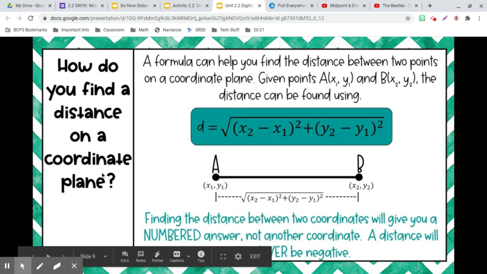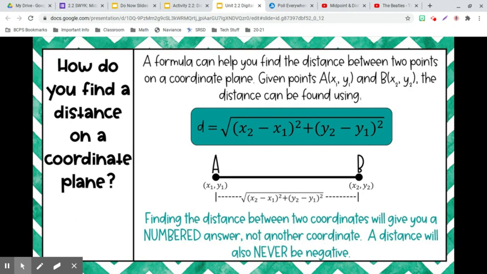So how do we find the distance between 2 points on a coordinate plane? Well, we have a handy dandy formula to help you. Here is our formula that we will use to find the distance on a coordinate plane when we are given points A and B. Again, we're going to be given the points, and you're going to plug in the numbers.